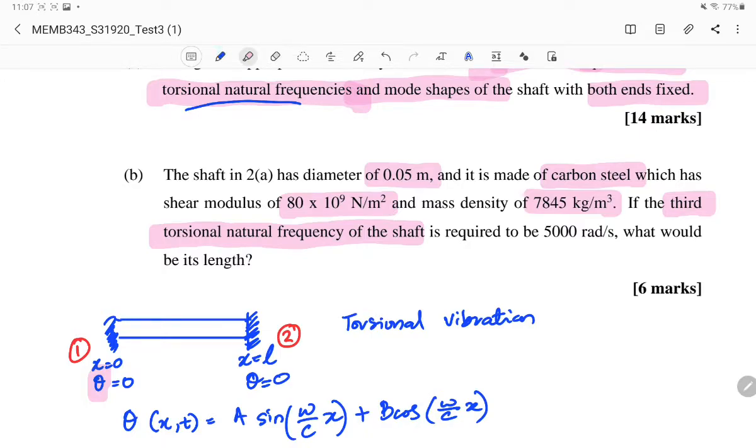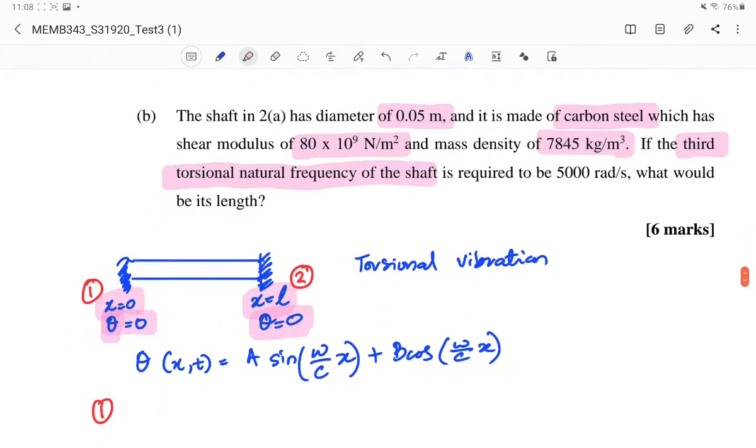Do the same thing on the right hand side, where x equals L and theta is also equal to 0 because both are fixed. I name these boundary condition 1 and 2.